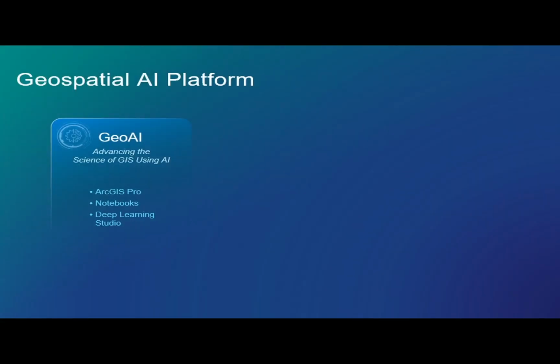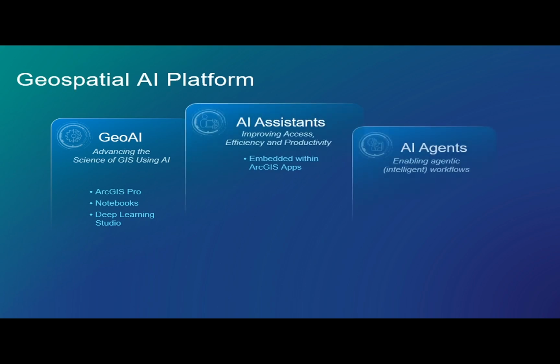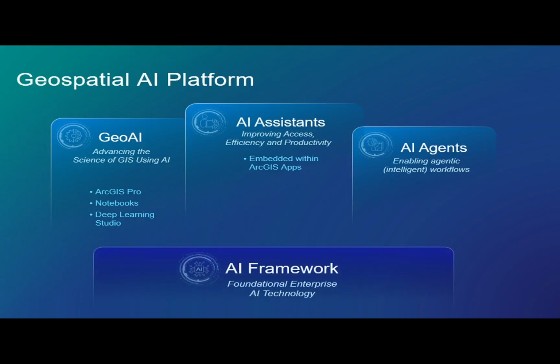ArcGIS's evolution into a geospatial AI platform is built on 4 key technical pillars: GeoAI, AI assistants, AI agents, and a unifying AI framework. Each component plays a distinct role, from advanced AI-powered spatial analytics to intelligent user interfaces, workflow automation, and robust infrastructure that unites everything together.